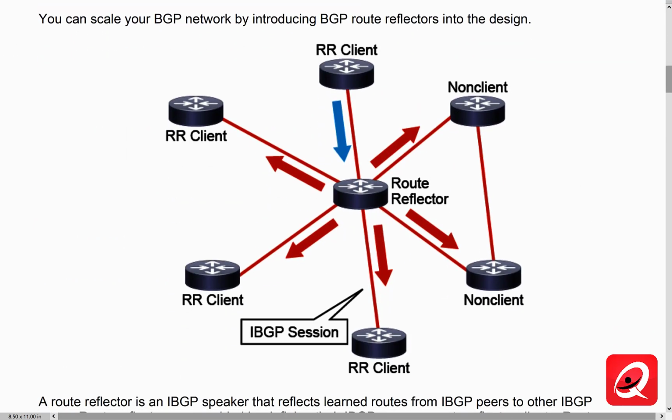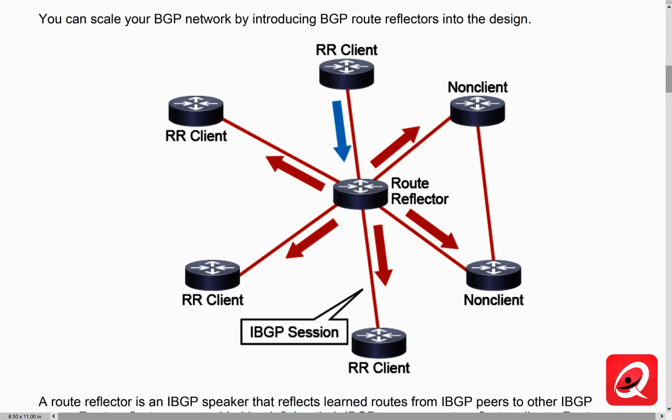All right. We can scale our BGP network by using a route reflector. A route reflector is an iBGP router that is configured to act as a speaker for other iBGP peers in the domain. You can almost think of it like a designated router where we're exchanging link state update information to one router, and then that router is responsible for disseminating that information to the other routers in the topology.